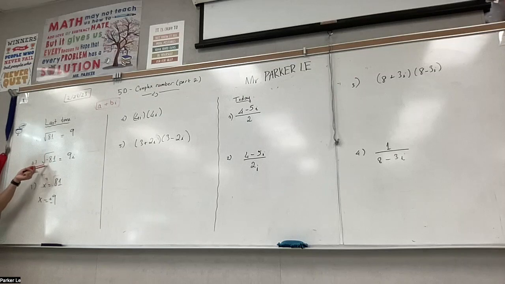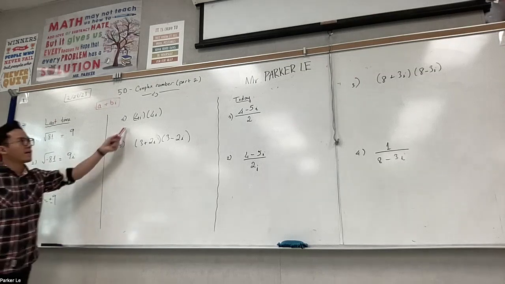This one you have the square root of negative 81, that's why you have i. This one you have x, you're solving for x. That's why you have plus and minus. Whenever you see x, you need to have plus and minus. That's the difference between these 3. Does it make sense? Stay with me.